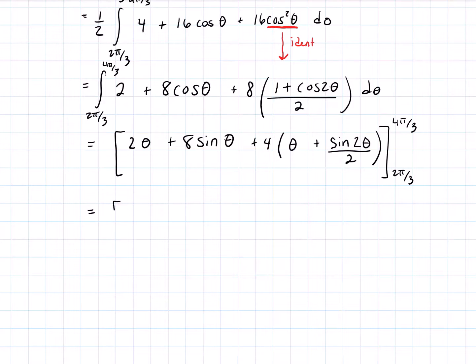So I end up with 6 theta plus 8 sine of theta plus 2 sine of 2 theta. And then plugging in my bounds here.